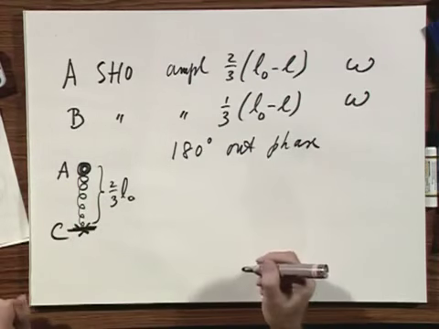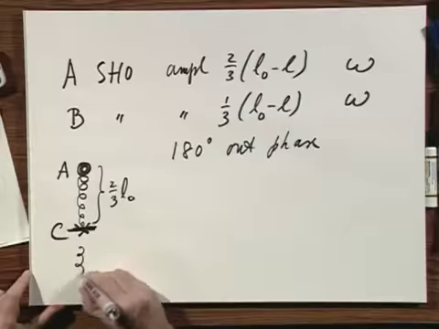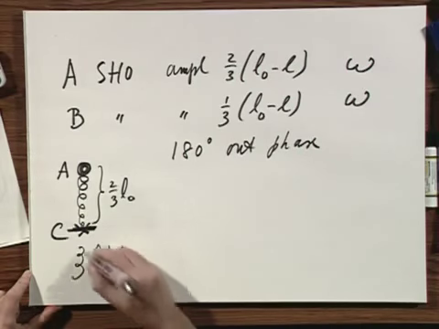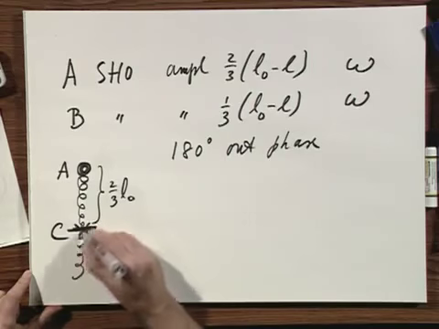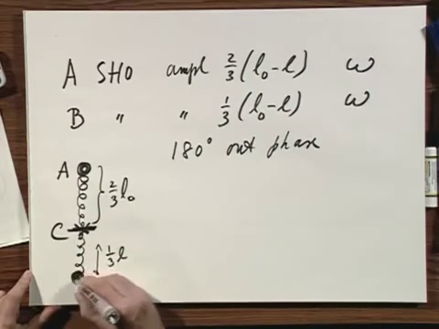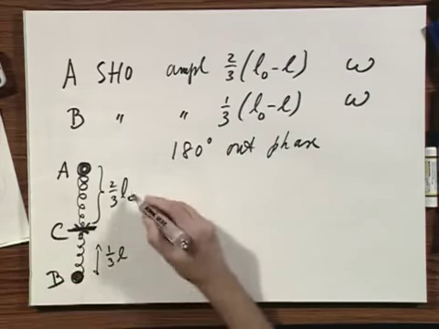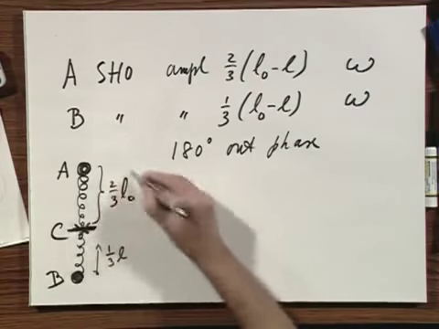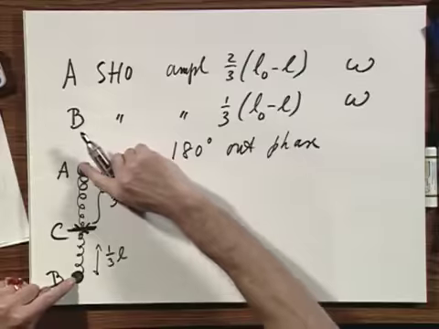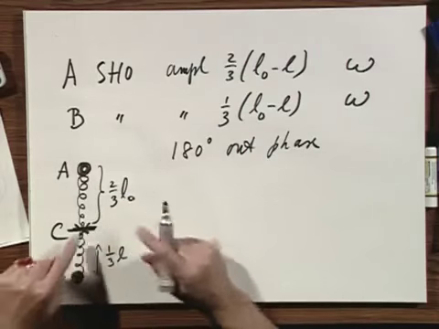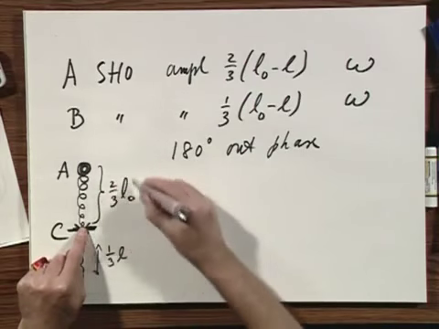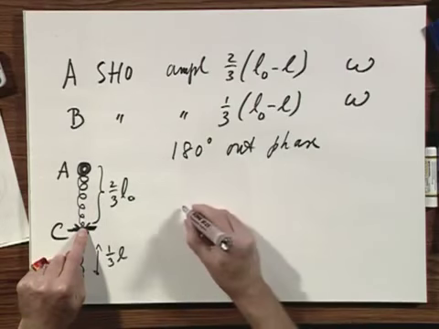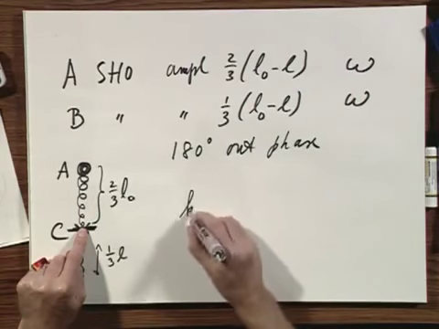And for B, we have one which is only 1/3 L. That is the separation, the distance to C. So this is B. And so the $64 question now is, what is the equivalent spring constant? If the total spring has spring constant K, what is the equivalent spring constant of a spring which has length 2/3 of L0? And I would call that K of A.